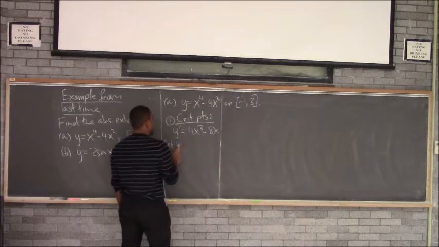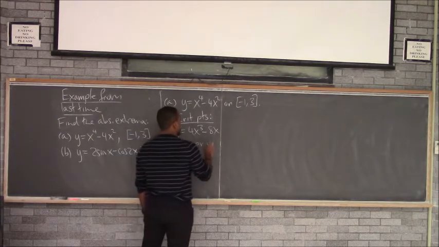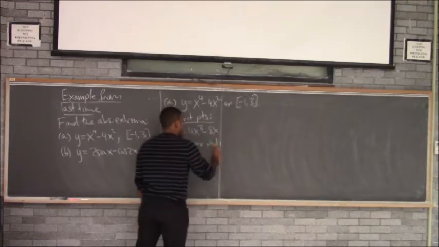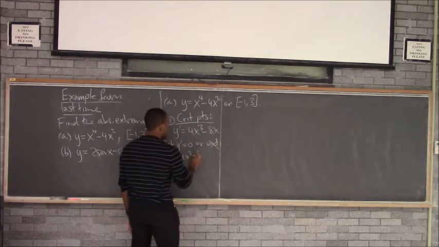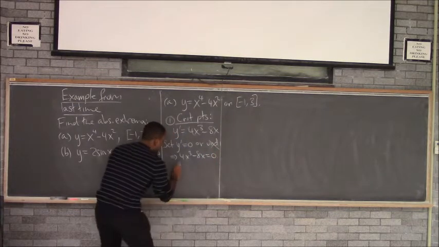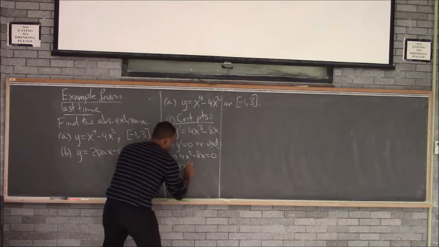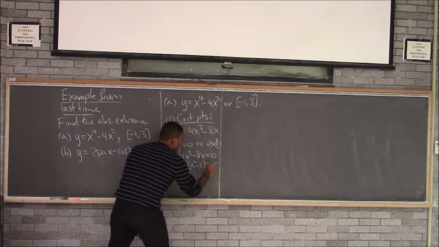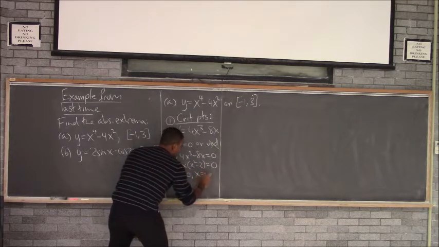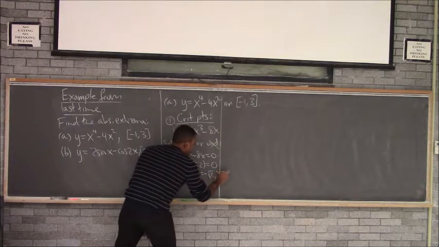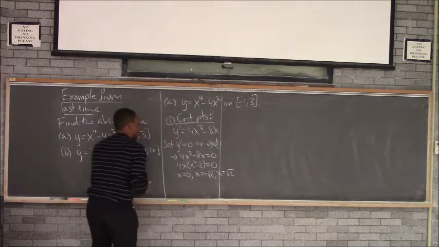Set y prime equals 0 or undefined. It's never undefined. This means that my 4x cubed minus 8x must be equal to 0. This means that my 4x times x squared minus 2 must be equal to 0. This means that my x equals 0, my x equals minus radical 2, or my x equals positive radical 2.